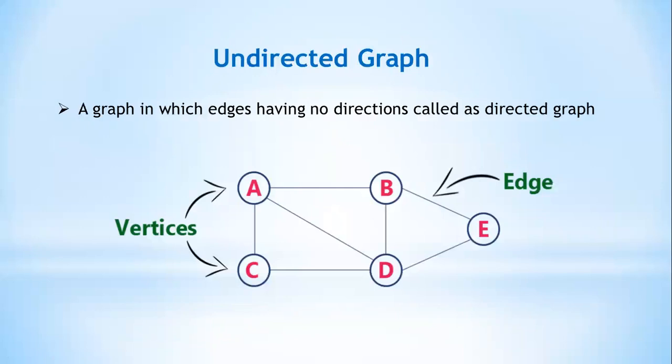Now the second type is undirected graph. Here edges don't have any direction. So what does it mean? A is connected to B as well as B is connected to A also. A is connected to D, D is also connected to A. So a graph whose edges don't have any direction is called an undirected graph.